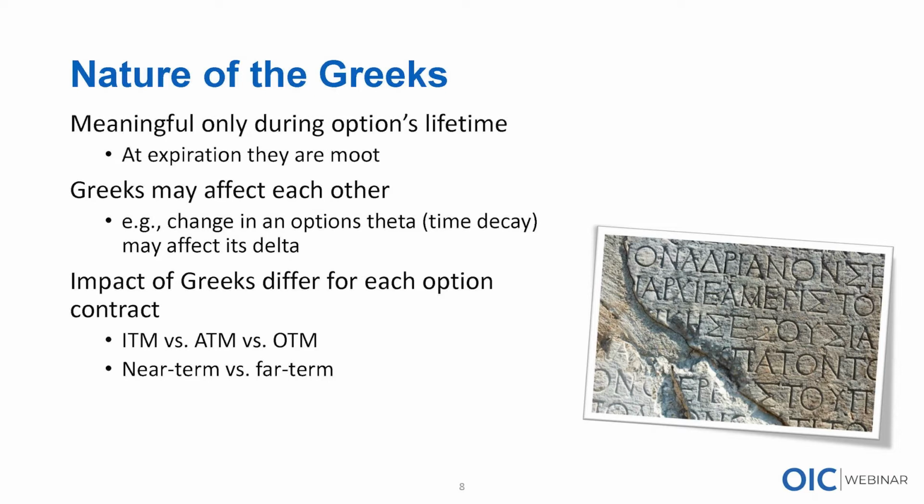So the Greeks do affect each other. And the impact of the Greeks will also differ depending on which contract you're looking at, whether it's an in-the-money contract, an at-the-money contract, or an out-of-the-money contract, as well as both a near-term or far-term option, an option that expires in a week, or an option that expires, say, in 2.5 years. Depending on the strike and the duration of the contract, the Greeks have a different effect.